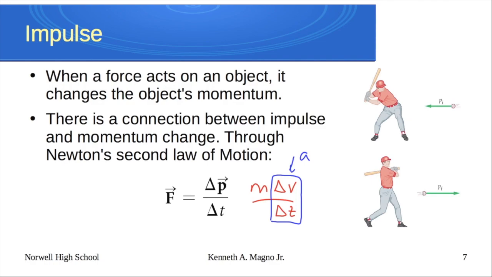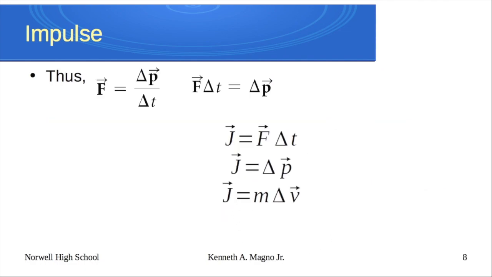So the idea of a force changing the momentum of an object over time makes sense based on Newton's second law. Force is either changing momentum over time, or the force times the change in time changes the momentum. These are our different definitions of impulse. So impulse is either force times change in time, impulse is change in momentum, or impulse is mass times change in velocity. So there are three different ways to define impulse.